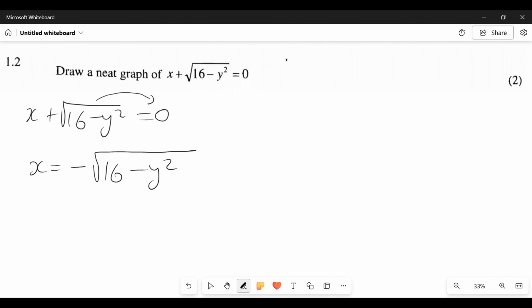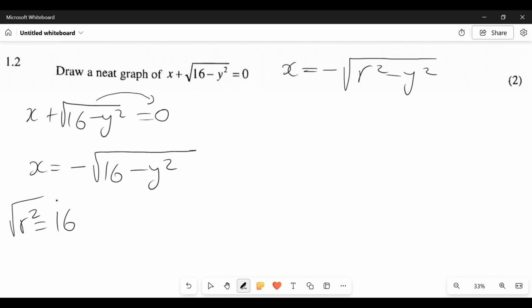If you still remember the semicircles, we can say negative x is equal to negative root r squared minus y squared. Yes, these are semicircles, meaning now 16 here, guys, is equal to r squared, right? But we are not looking for r squared, we are looking for r. The square root of 16 is going to give us 4.